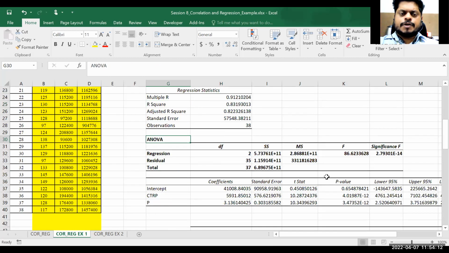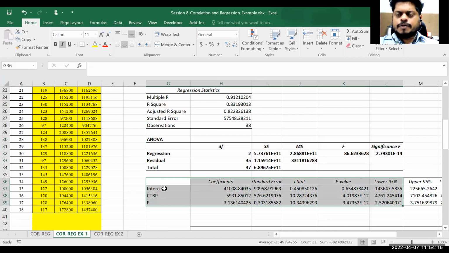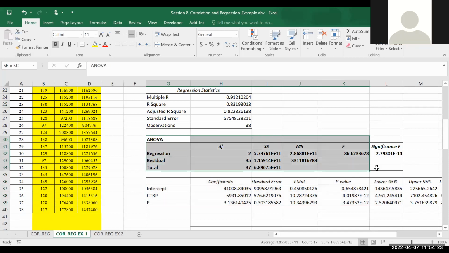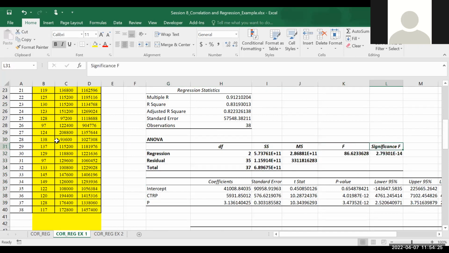Now my question is, what is this table and what is that table, and what is the difference between these two tables? What insight do we get from these two tables? Sir, from the first table, from the DF column, we can find out the number of variables in the regression.